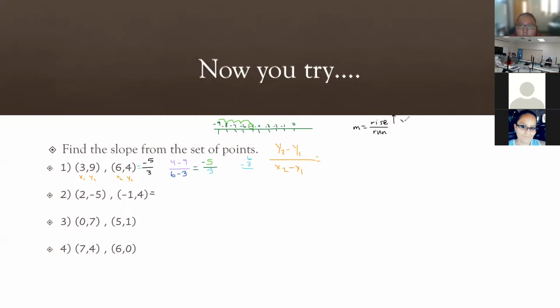It's on our y axis. Our run is our horizontal line. That one's on our x. So if we were to plot this point and we use our rise over run, it'll give us this point.